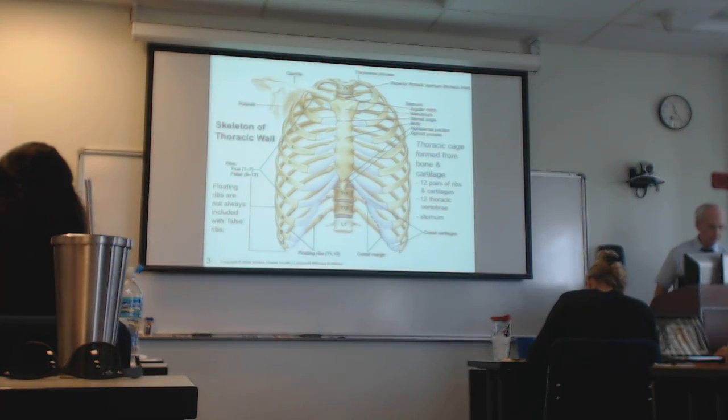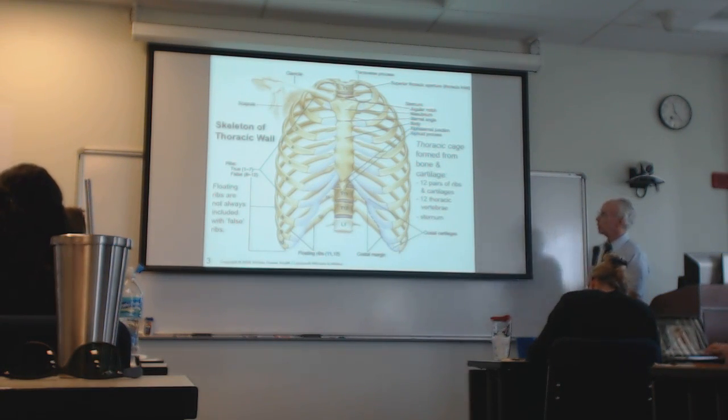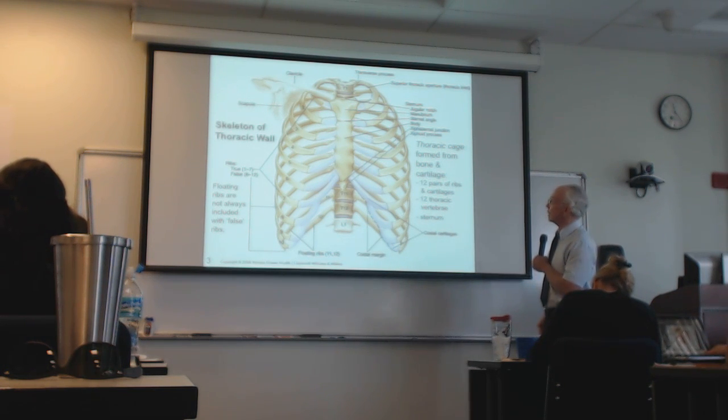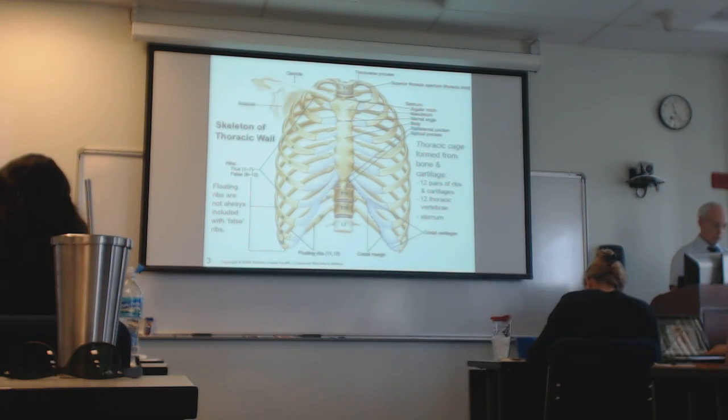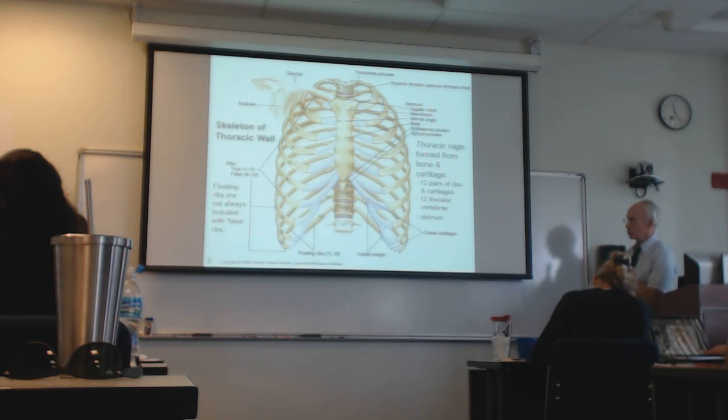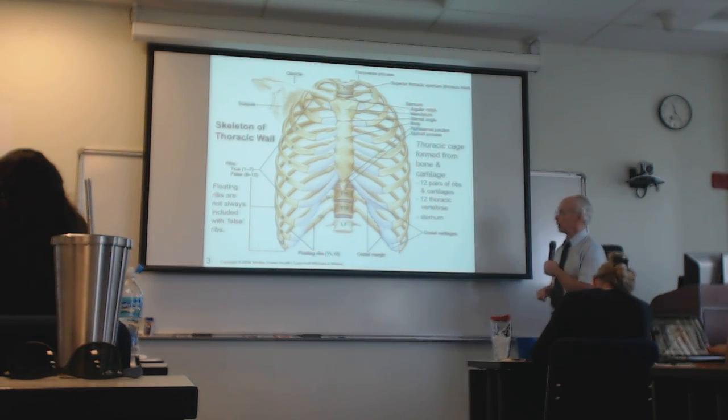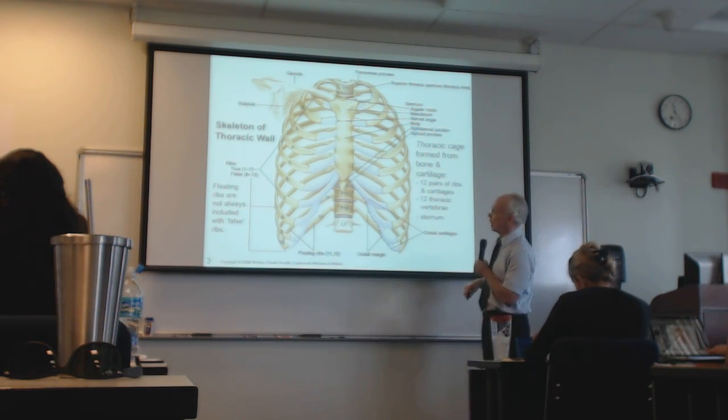So let's talk a little bit about the skeleton that frames the thoracic cavity. We'll notice, first of all, that there are 12 ribs that make up the rib cage, 12 ribs on either side. The ribs extend anteriorly from their attachments with the transverse processes of the vertebrae.